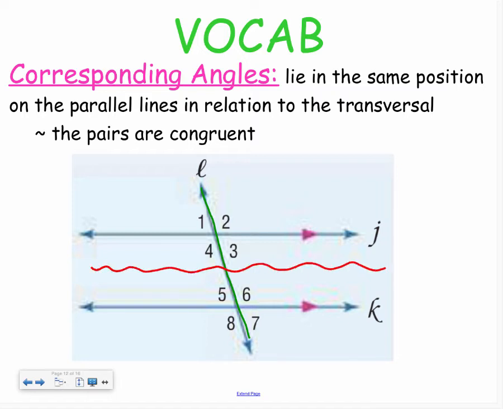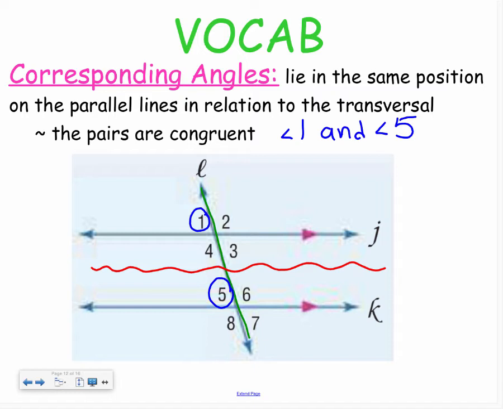So we have 1 set on line J and 1 set on line K. To find corresponding angles, if I pick 1 to start, so angle 1 is on line J, I'm looking for the matching piece on line K. Angle 1 being in the top left corner means angle 5 matches up as the corresponding piece for line K.